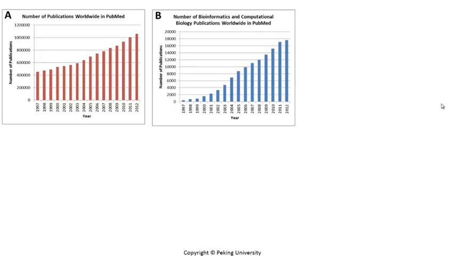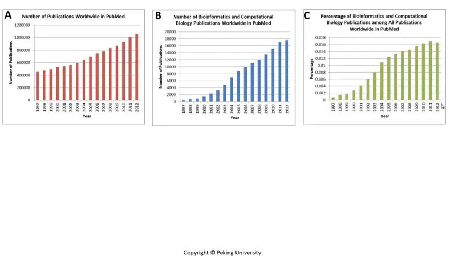Figure A shows the growth of the number of all publications in PubMed since 1997. Figure B shows the growth of the number of bioinformatics publications in PubMed since 1997. As you can see, the latter has a steeper growth curve.